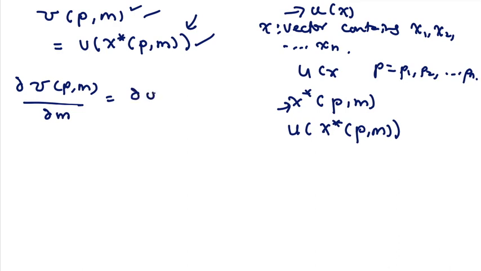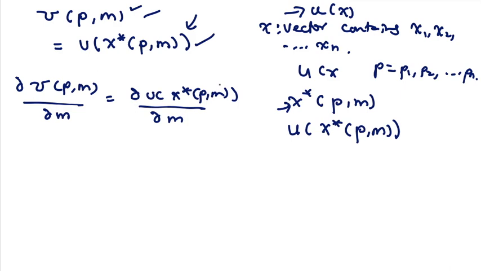So delta U(x star(P, M)) over delta M, isn't it? Okay. Now, next, because the indirect utility function is a function of direct utility of a vector of commodities, and the vectors of commodities here, the optimal level, depend on price and income.